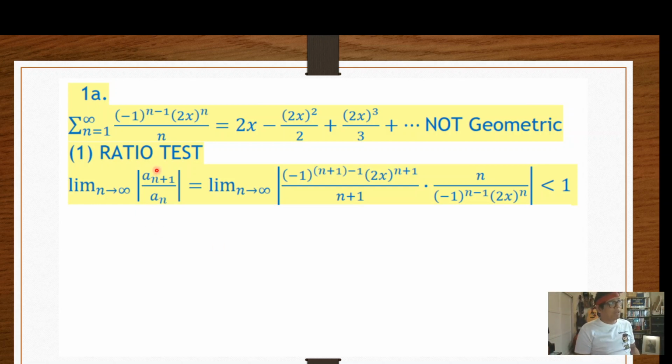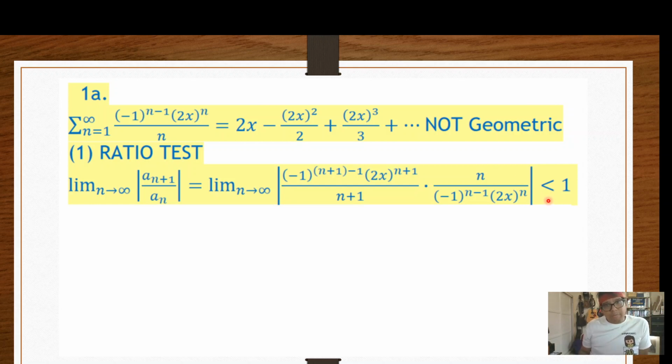So what we have here is we're starting by writing down the actual ratio test. This is, by definition, what our ratio test is. Here we've incremented all of our n's to n plus 1 in this first factor, and in this factor here, that's just the reciprocal of the general term.